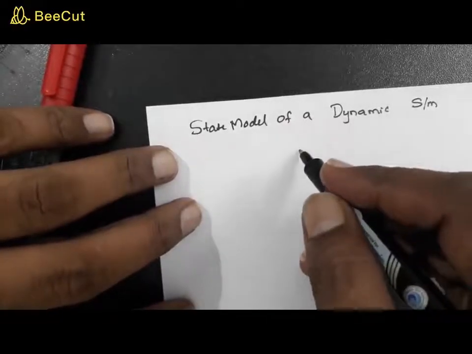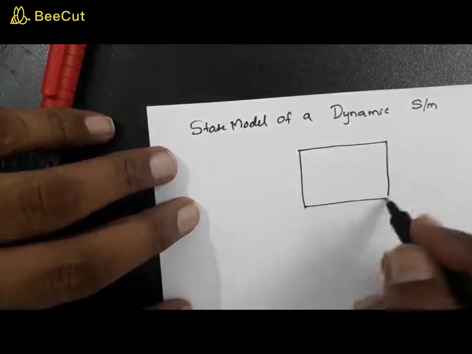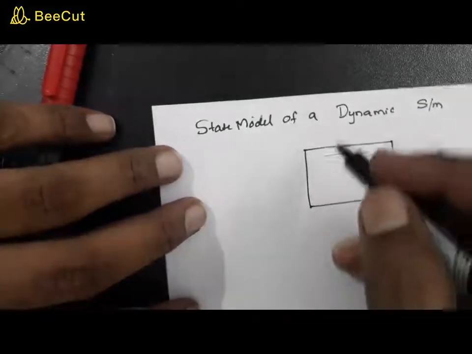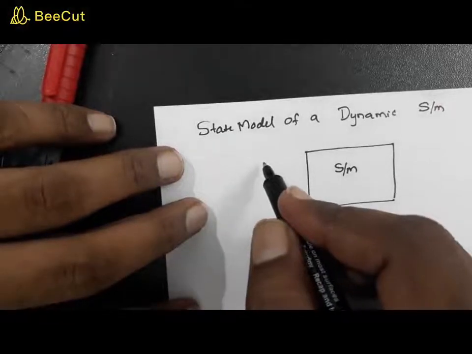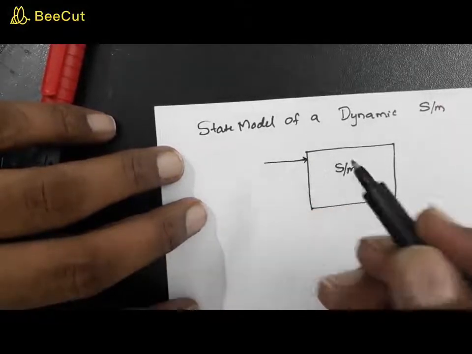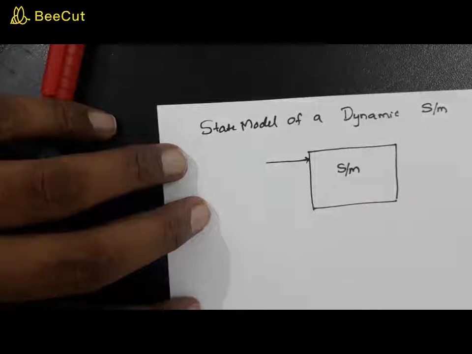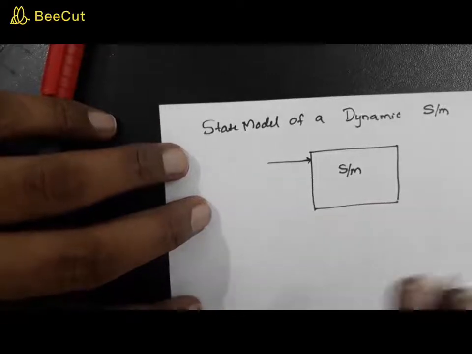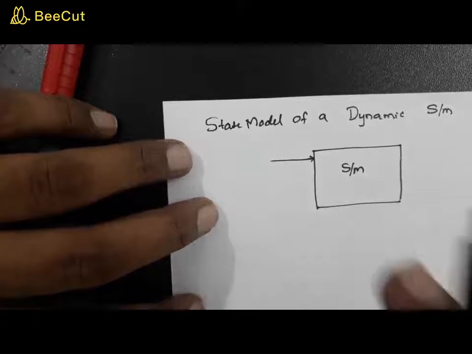Consider a control system which has m inputs. So this is a MIMO system, a multi-input, multi-output system. As I told you, state variable analysis can be performed on a multi-input, multi-output system.